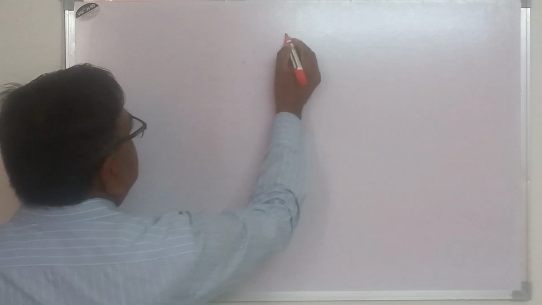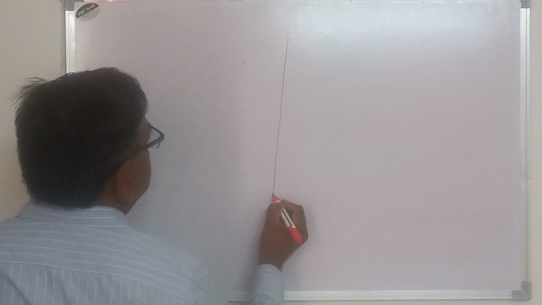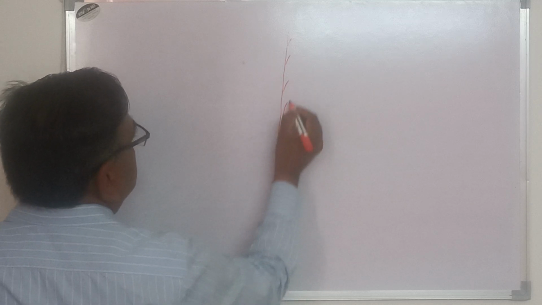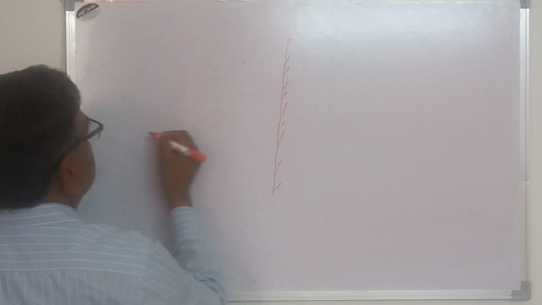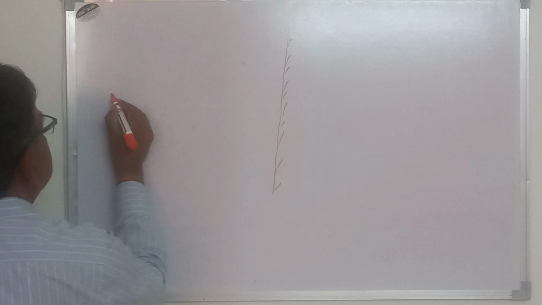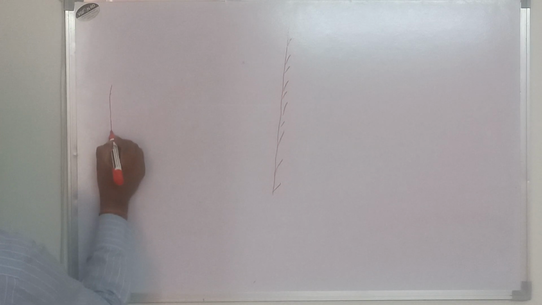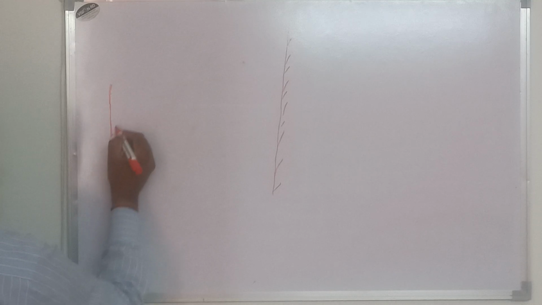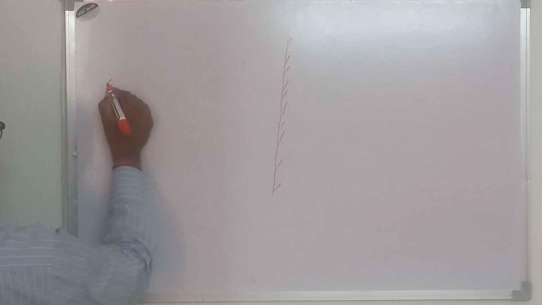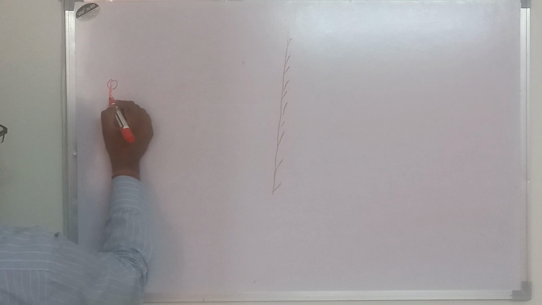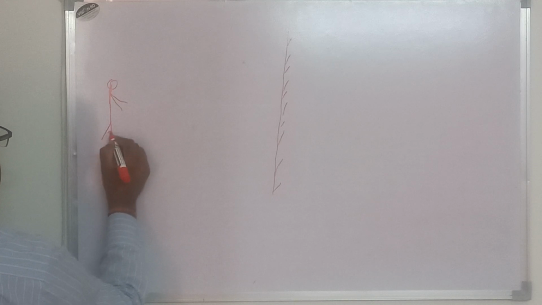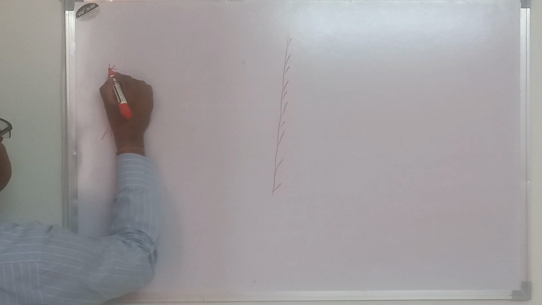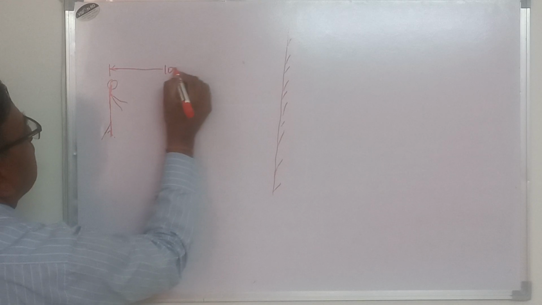The question is this. This is the mirror, the reflecting surface. The man is standing here, the distance is 10 meters.